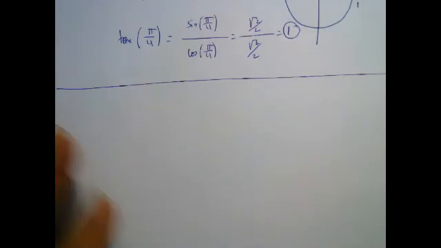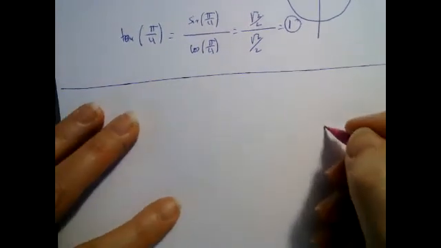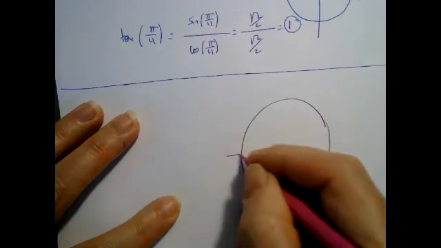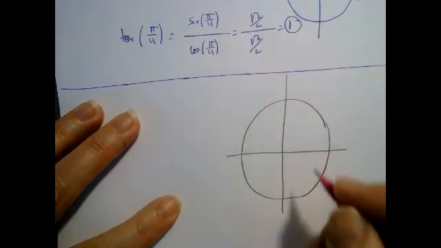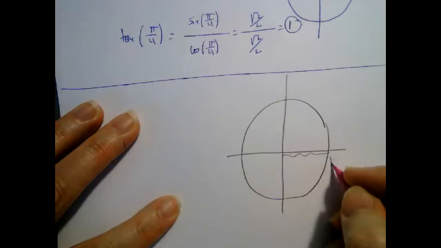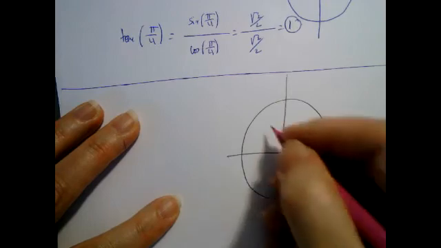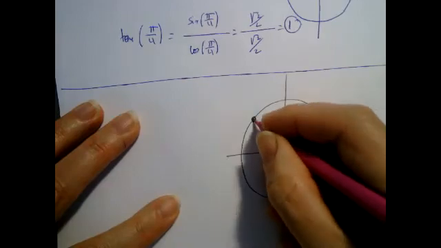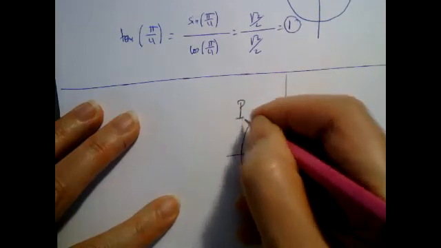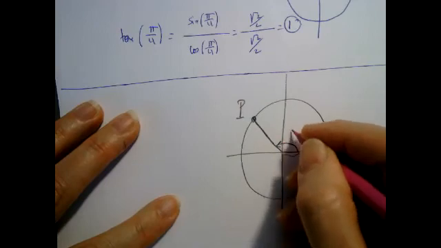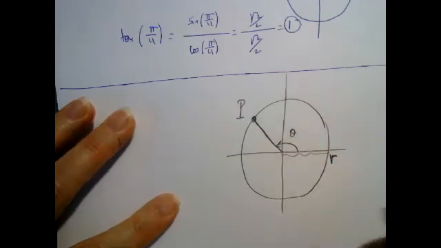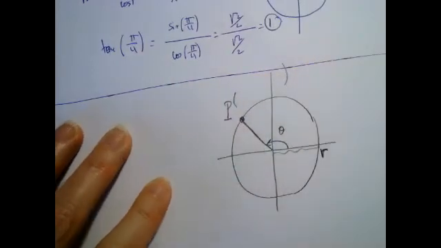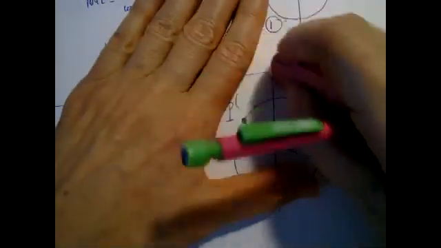That's the heart of the definition of sine and cosine. If I am on a circle and the radius here is r, and if I take any point P on the circle of radius r, if this angle is theta, then the coordinates of P are r cosine, r sine.